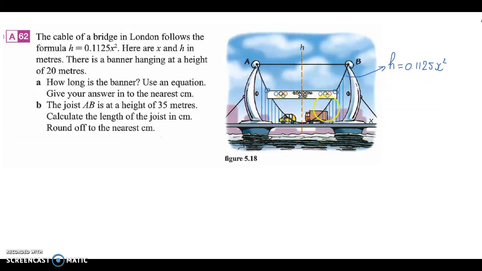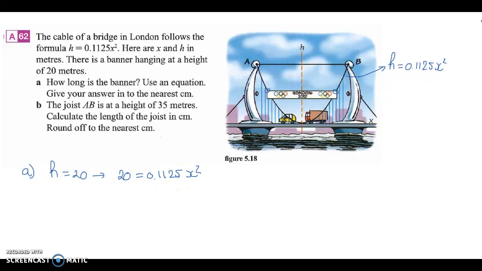Because the banner is hanging on the parabola, you do know that the h of the parabola is 20 as well. And that means you can calculate the corresponding x by saying the h is 20. We put that into the formula, then we know that 20 has to be equal to 0.1125 x squared. That means we can calculate x squared by itself.